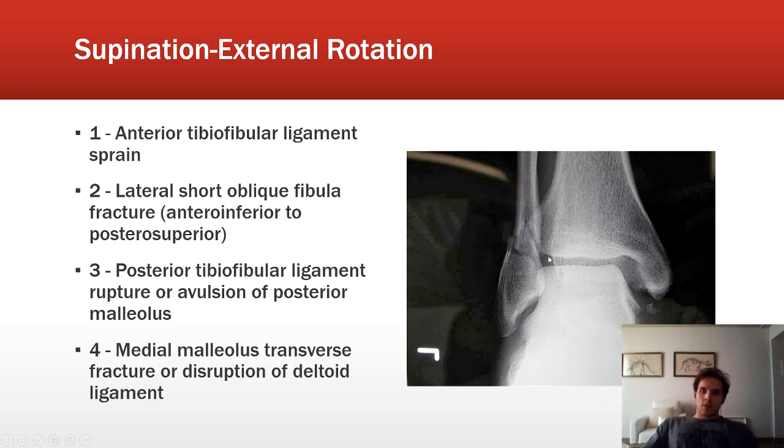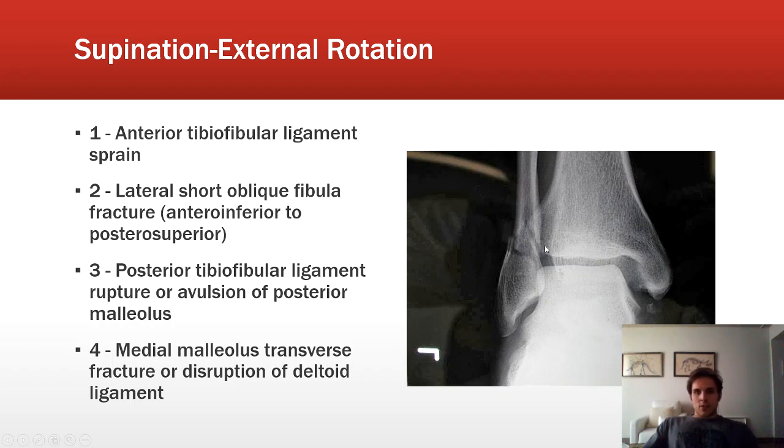Your syndesmosis is weakest in AP dimensions, so you're going to have syndesmotic instability, and potentially you have either a bimalleolar or bimalleolar equivalent fracture at this point.